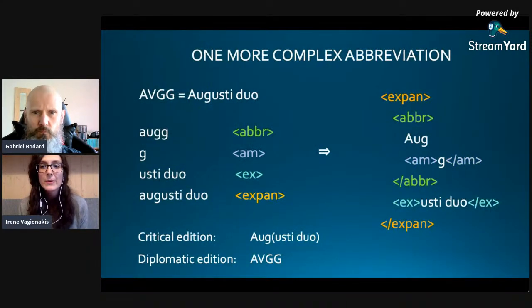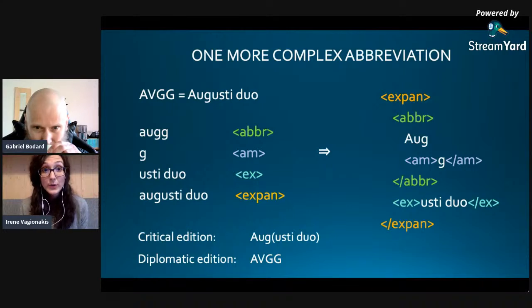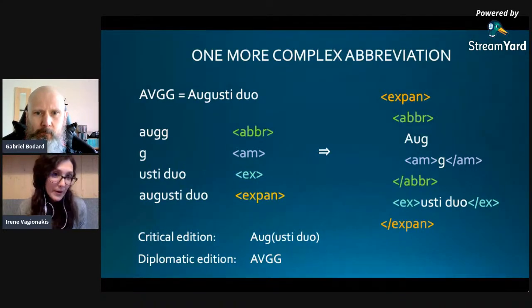And let's consider now a third case, slightly more complex, which is aug with two g's, standing for Augusti duo. In this case, we have the same part which is on the stone, so aug with two g's, and this is what we encode with abbr. And we have the expansion, usti duo in this case, which is the ex, as in the examples before. And we have the entirely expanded word, so Augusti duo inside the same expan.